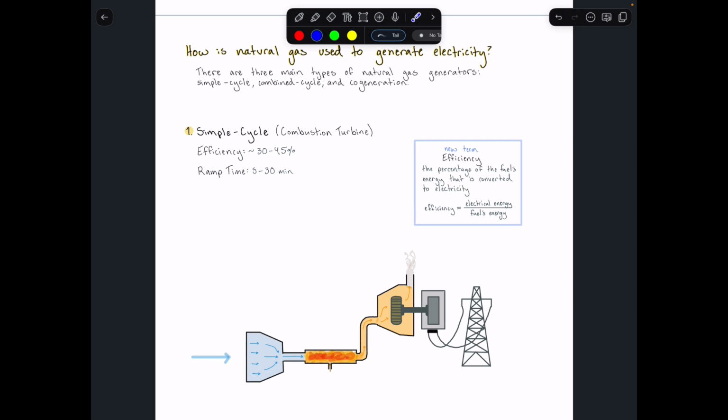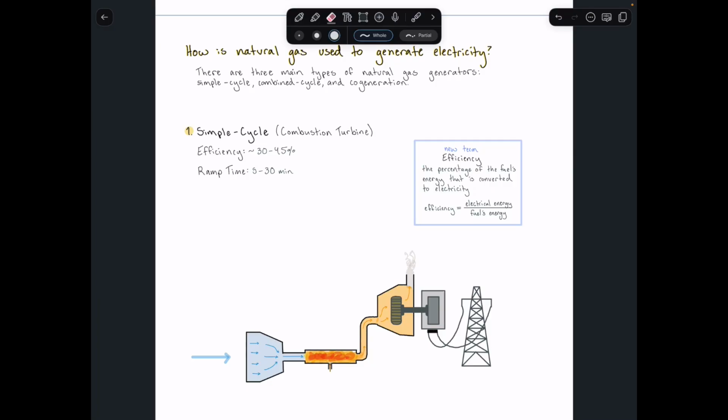Now, I'm going to be introducing a new term called efficiency. Here the efficiency of a simple cycle plant is labeled as 30 to 45%. Efficiency is the percentage of the fuel's energy that is successfully converted to electricity. In the process of combusting a fossil fuel, some of the energy from the fuel is lost as heat that is released into the atmosphere.